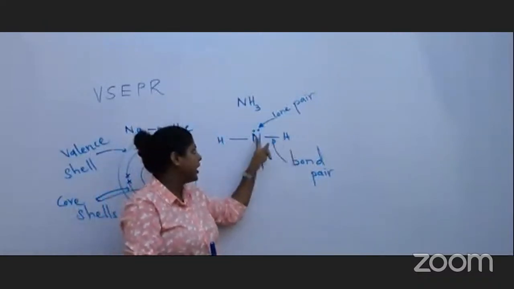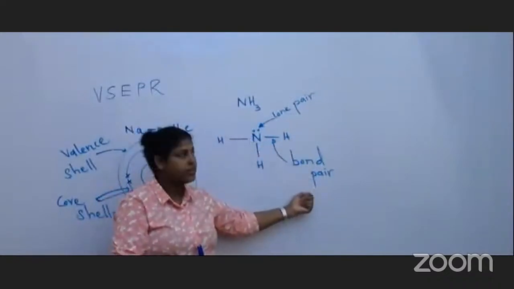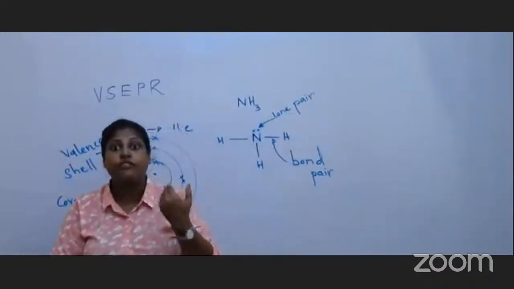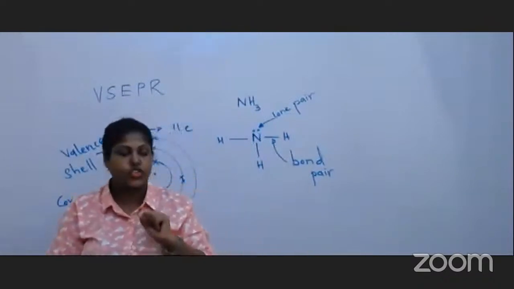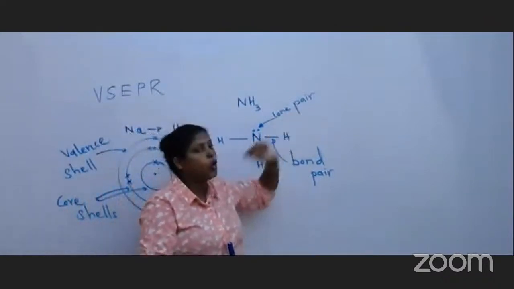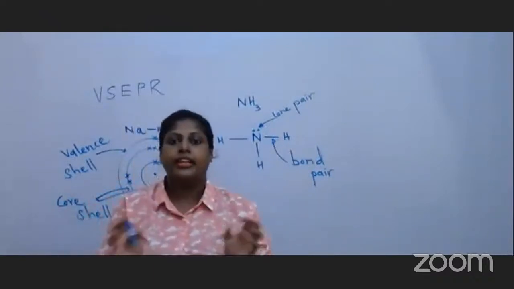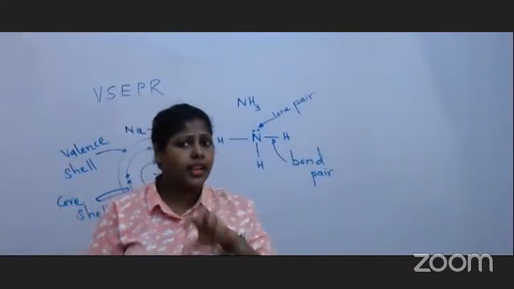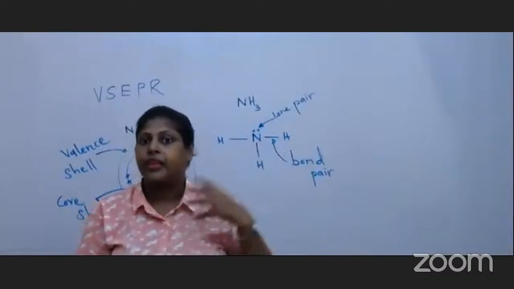So these three N-H bonds we call bond pairs, and the 2 electrons that are not in bonds and are freely available on nitrogen's valence shell, that we call a lone pair. So an atom's valence shell has only freely available electrons.